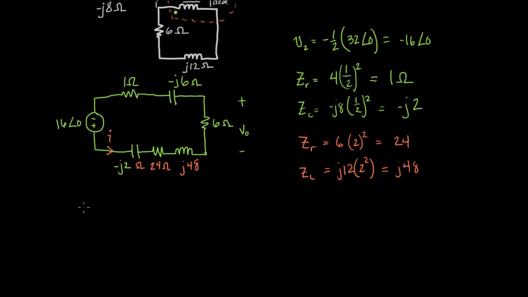So let's calculate that really quickly. So we have 16 angle 0. We're looking for I. It equals the voltage divided by the impedance. And if you add those impedances up, you should come up with 31 plus J38.